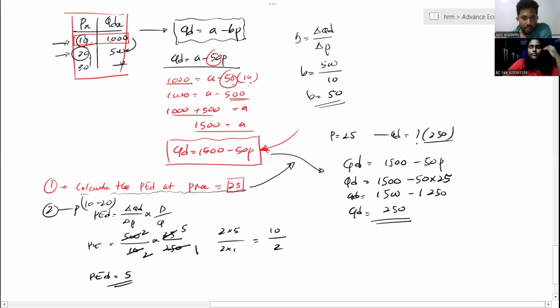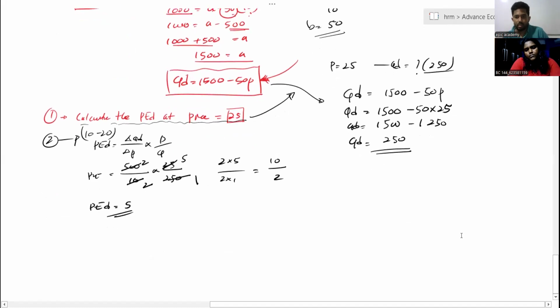Now you identify the elasticity. Elasticity means the response of the quantity demanded according to a change in the independent variable, the price. That is the meaning of price elasticity of demand.